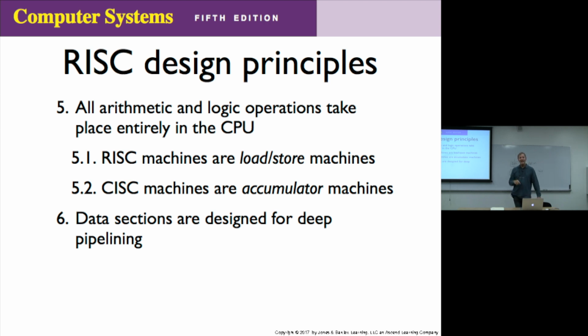Yeah, that's a good question. Before that, you do have to load it, and afterwards you do have to store it. But here's what happens. The register bank in a RISC machine is like a small cache. And what the compiler does is assign the variables that it's working with to registers.